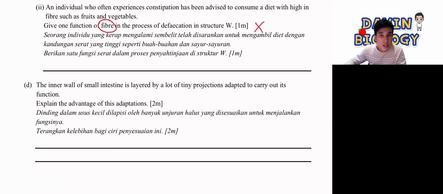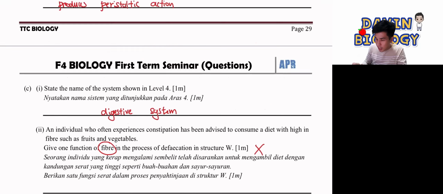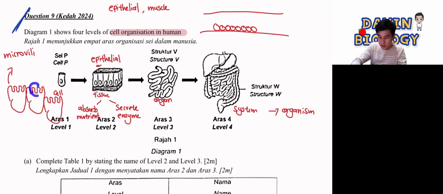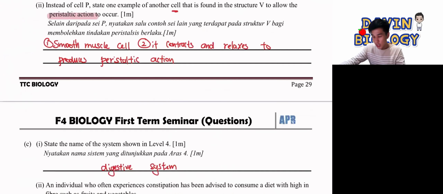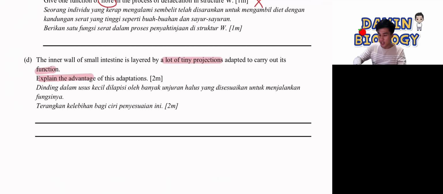Next, they say, the inner wall of the small intestine is layered by a lot of tiny projections adapted to carry out its function. Explain the advantage of this adaptation. The tiny projections that I was talking about are these. These tissues on the surface, a lot of these hairy things, are called the microvilli. They are asking here, what is the advantage? The question didn't ask me to name this thing, so don't name it, there are no marks. So what does it do?